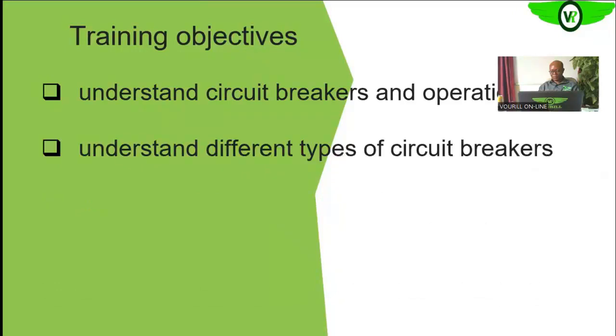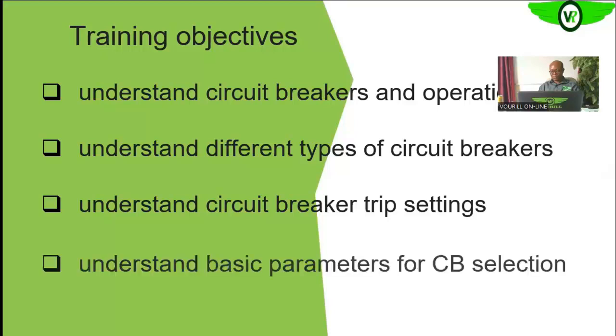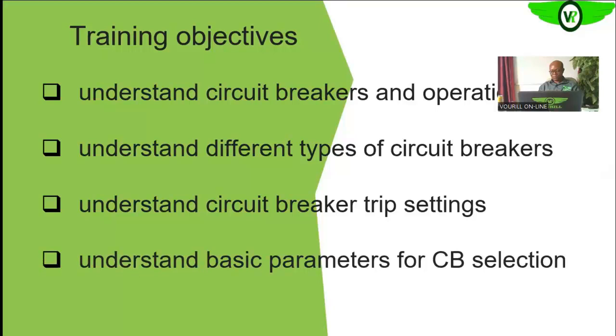You also come to understand the breaker trip settings, how to set that, that is, to parameterize the circuit breaker to give you the kind of protection that you actually need for your circuitry, and also the parameters that we need to look at in selecting the appropriate circuit breakers for our circuitry, so that it will be able to protect our circuit the way we actually want them to behave when there are fault conditions in the circuit.